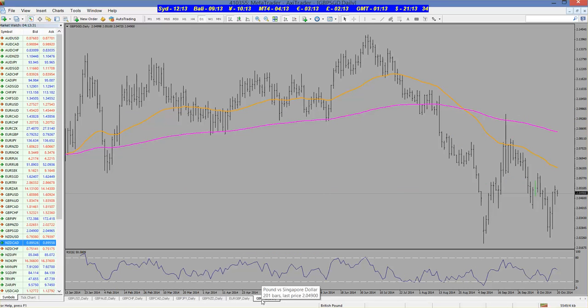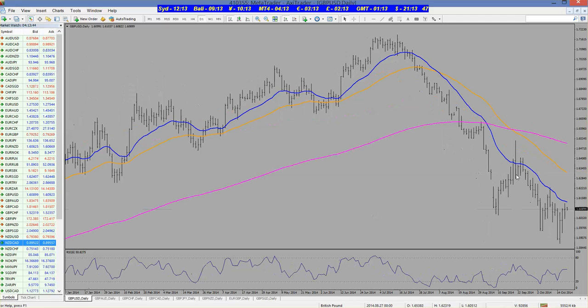Pound Sing. Your risk reward on that is not great. The pound Sing and the pound itself are very similar, right? The pound looks like it's doing a phase 2. Strong buyer bar divergence, clear divergence.